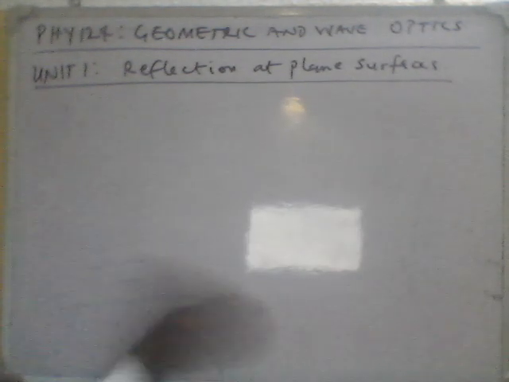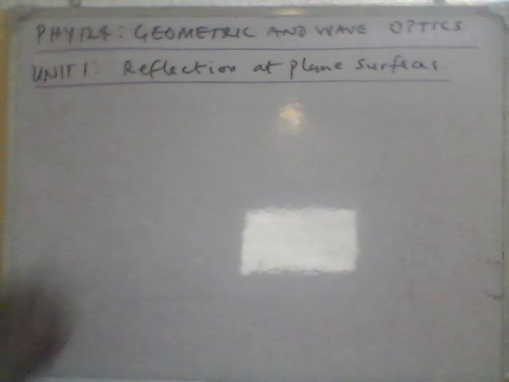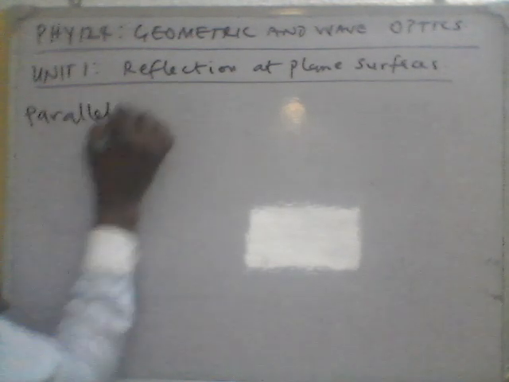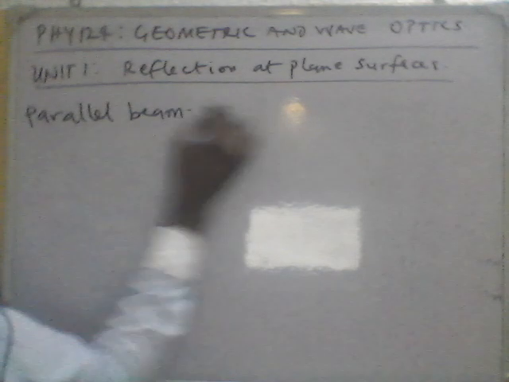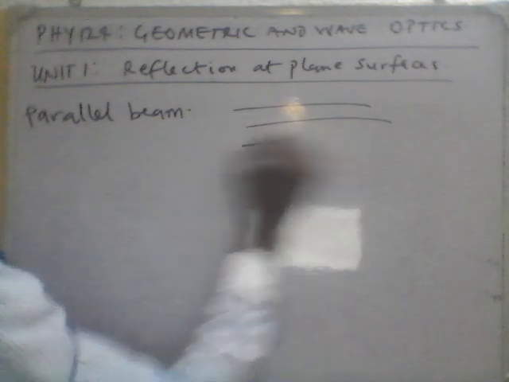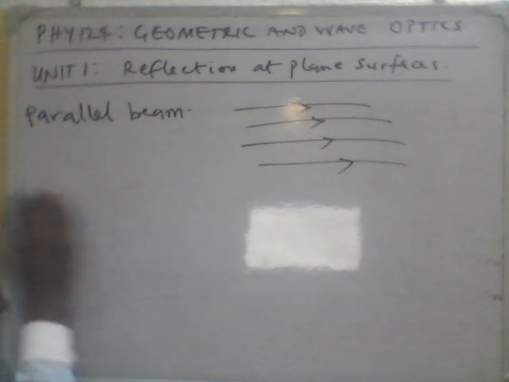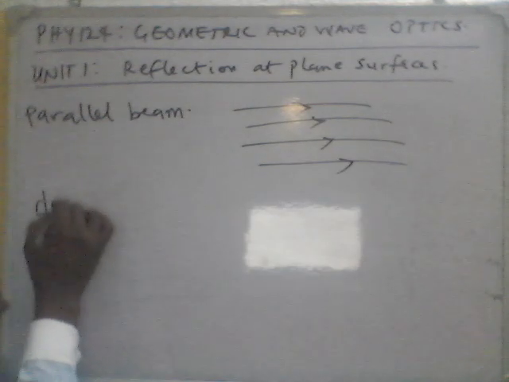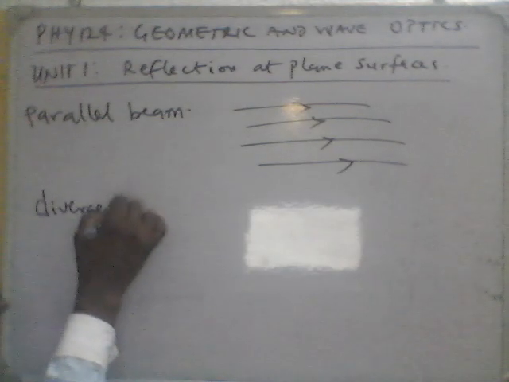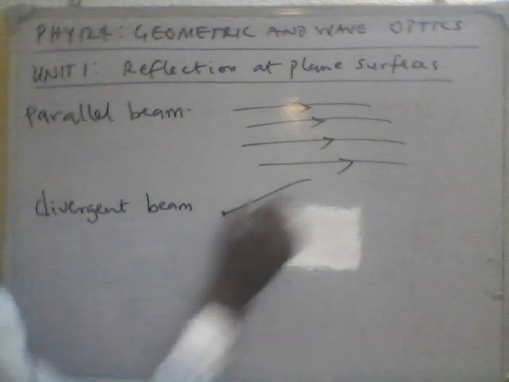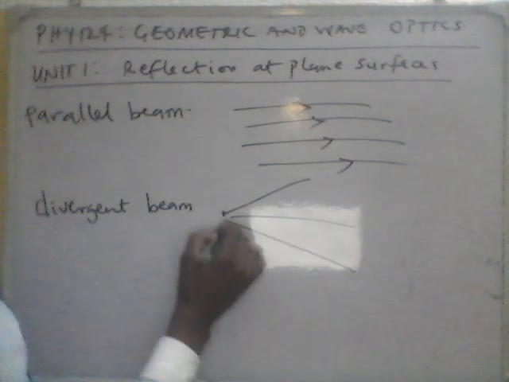So you see that we have a parallel beam. It's like this, straight up. They will never meet. A divergent beam radiates from a point and out of that point. So this is the point, for instance, and it radiates out like this.